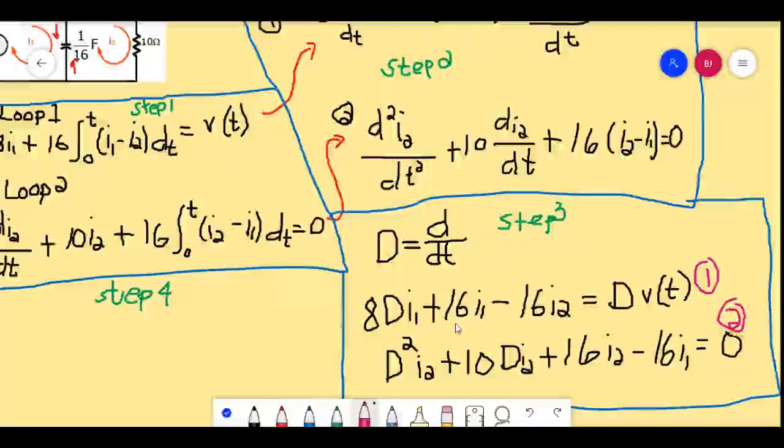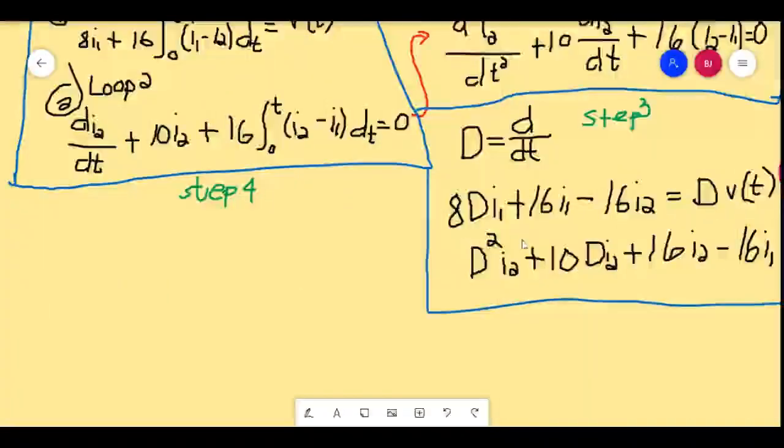So we'll try to isolate I1 from I2 and then make sure that all the other voltage sources are still on the right hand side. So for this one, we have 8 and 16 for I1. So we'll factor out I1. And that would give us a result of... So this is still for equation 1.